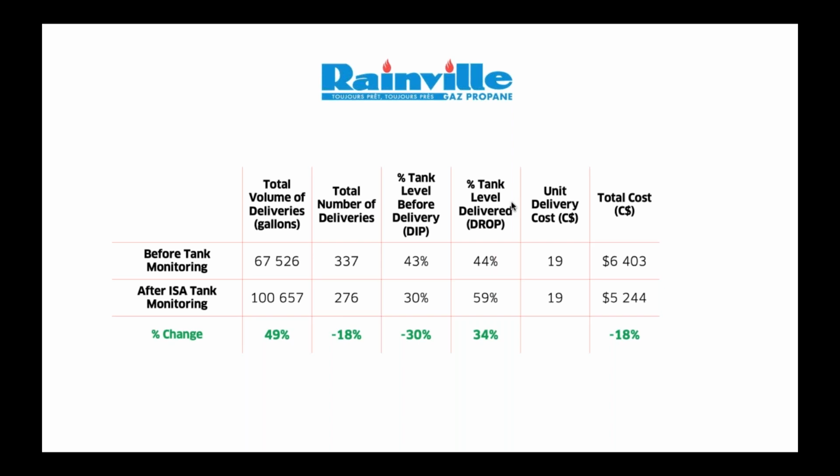So they delivered more with fewer trips or truck drives, and in the end, it's about profit. It's about them seeing that it makes sense to have these kinds of systems in all of our tanks, so that we can be more profitable.